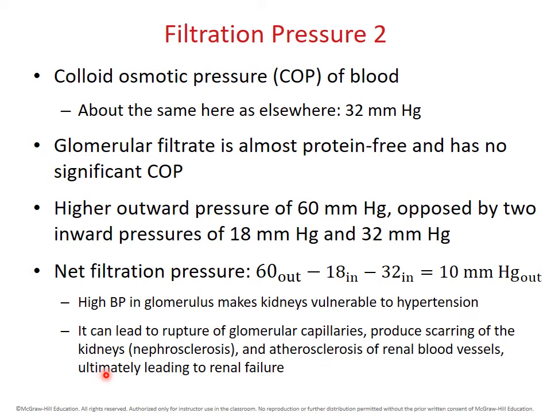But if it happens in the kidneys, of course, if we cut off blood flow to the kidneys, that's not only going to reduce the efficiency of the kidneys, but it will also lead to hypoxia and tissue death, and that can ultimately lead to renal failure. So yet another problem associated with atherosclerosis and high blood pressure, in addition to heart attack and stroke, is the potential for ultimately renal failure.